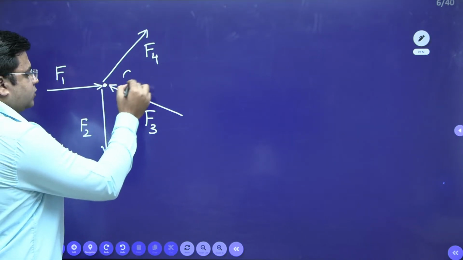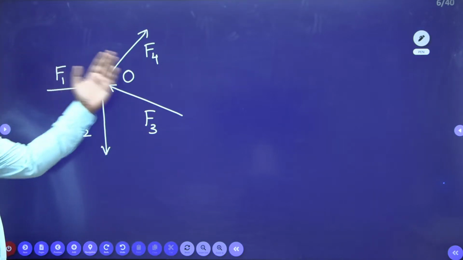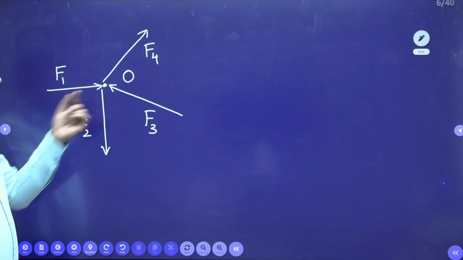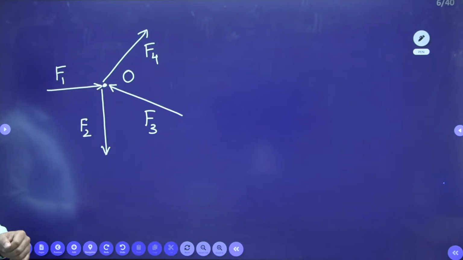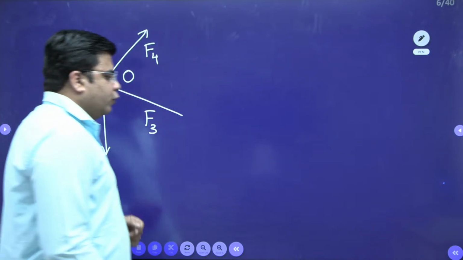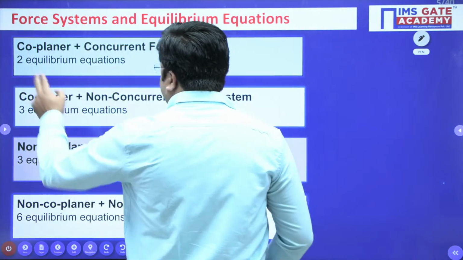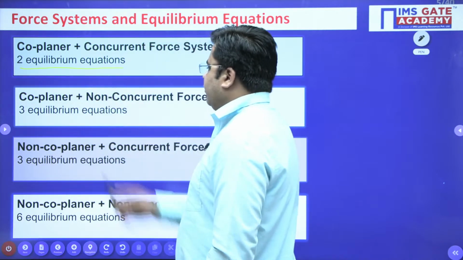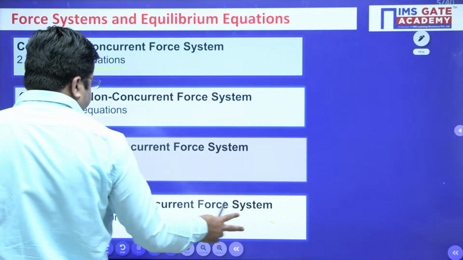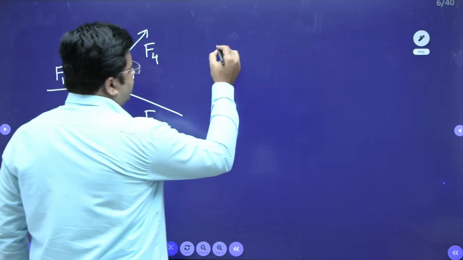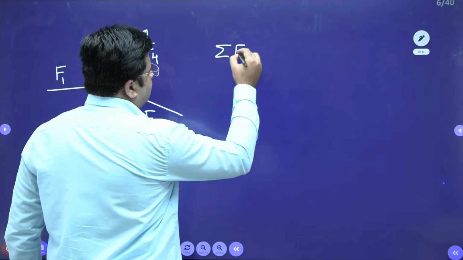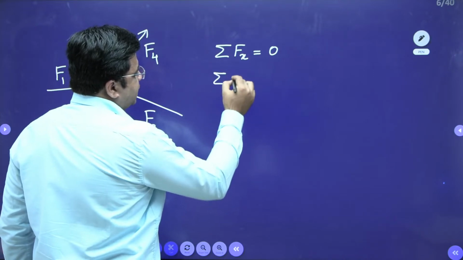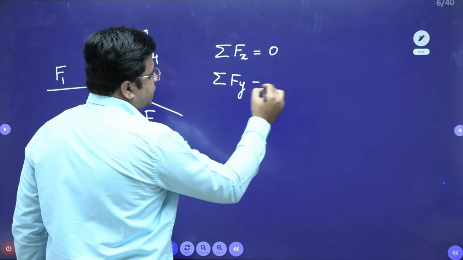Say this point is O. All these forces are lying in one plane. Also, all these forces are concurrent, that is they are meeting at a point. For this type of force system, we have only 2 equilibrium equations, that is summation of horizontal forces equals 0 and second is summation of vertical forces equals 0.